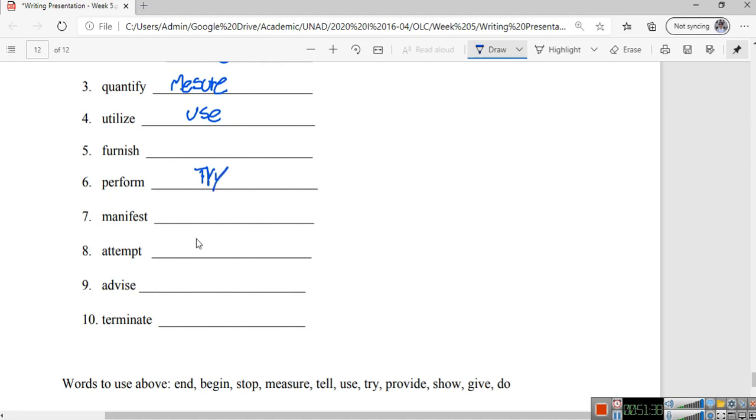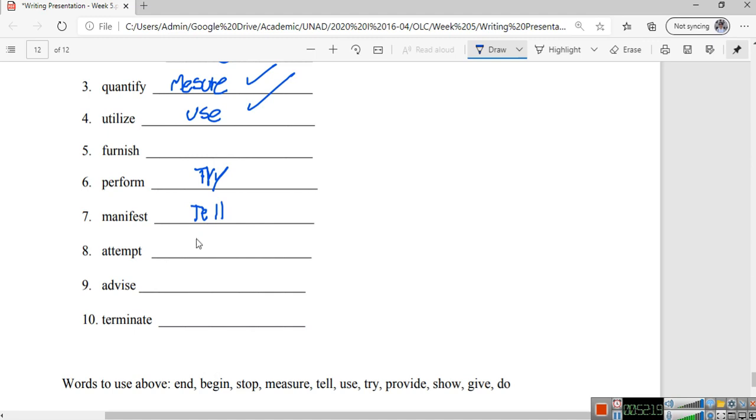Try. Okay. Manifest. For this I want Viviana to tell me. Manifest, tell or express. Tell. Attempt. Verbs or respond. Tell, respond.